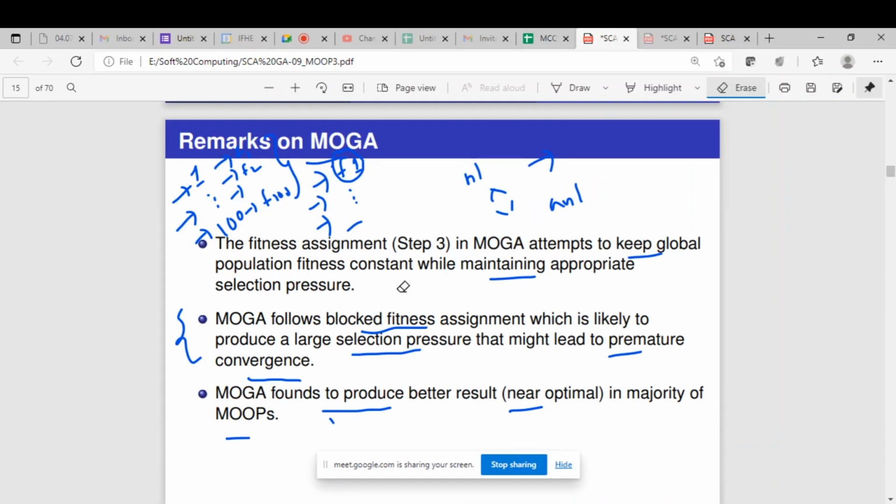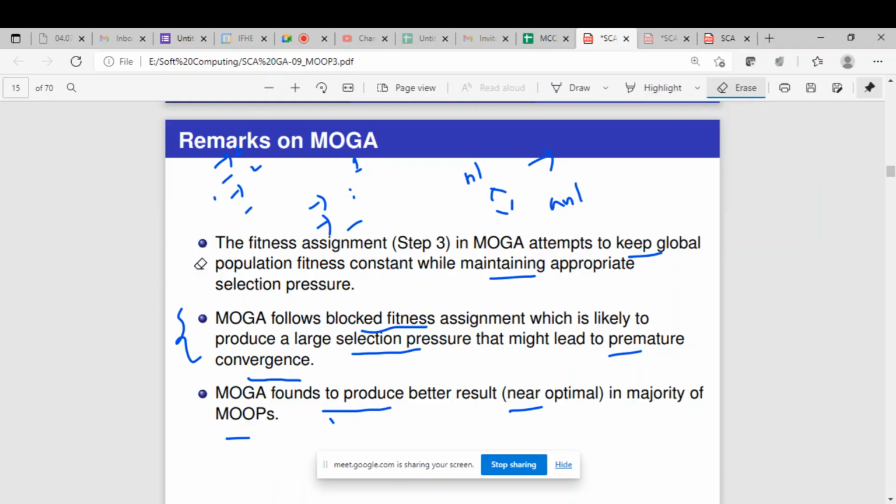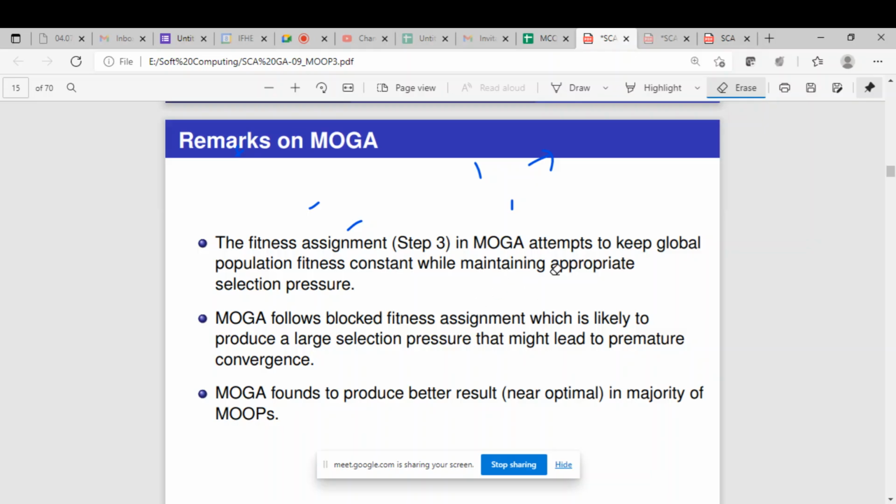So could someone summarize how MOGA works? Linear scaling.